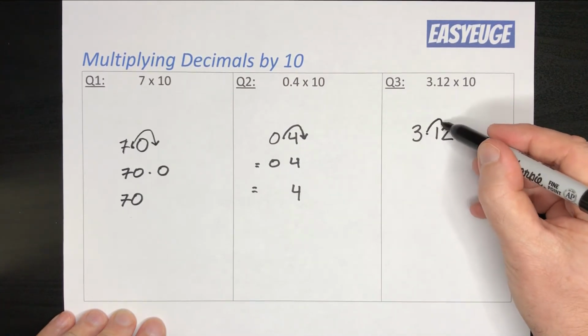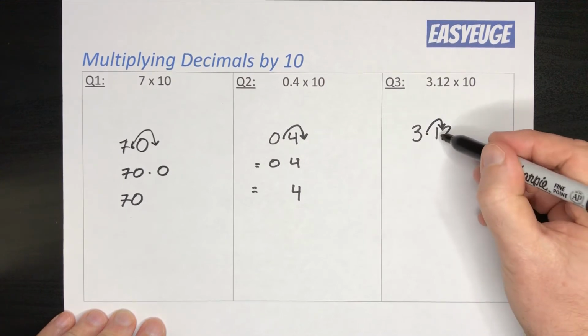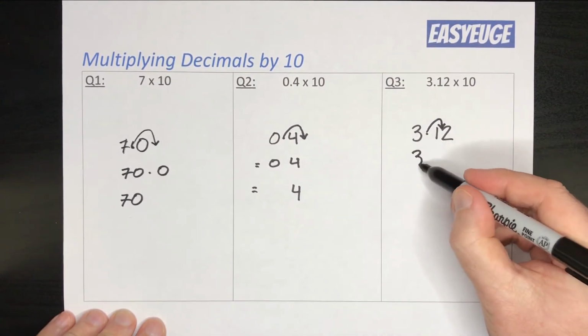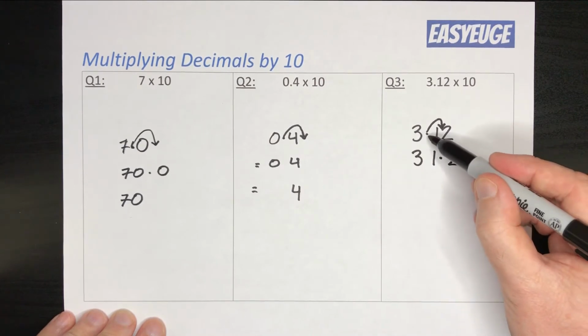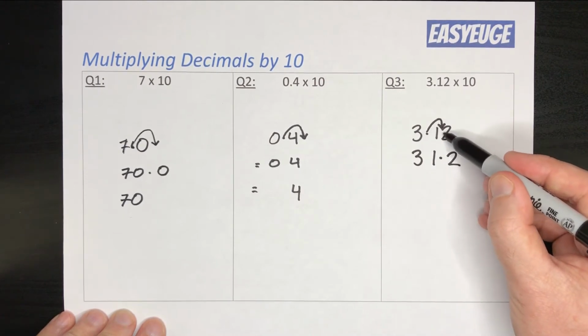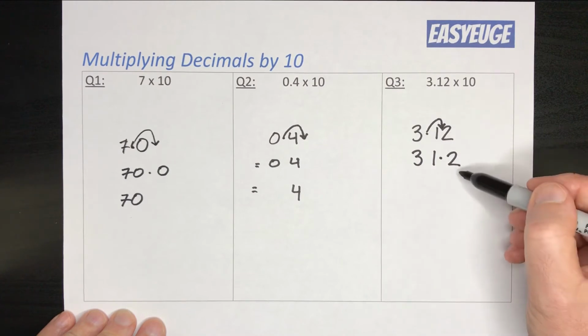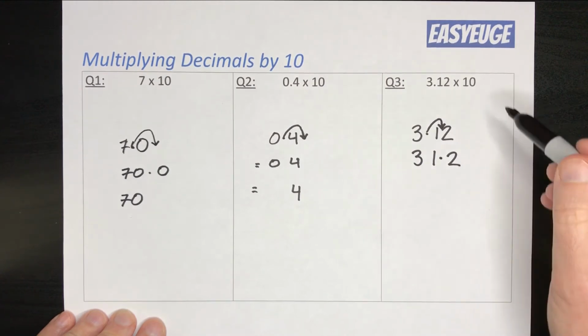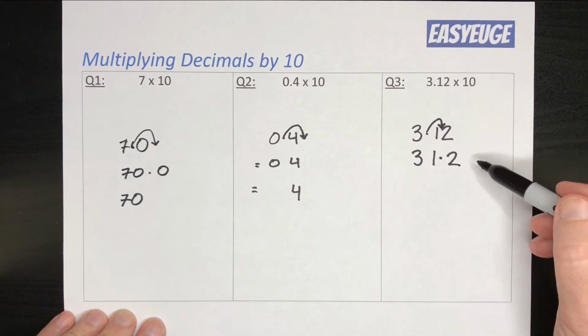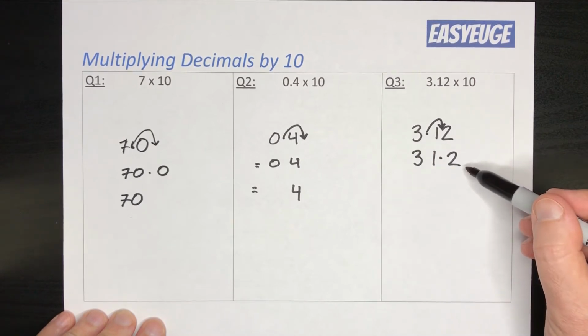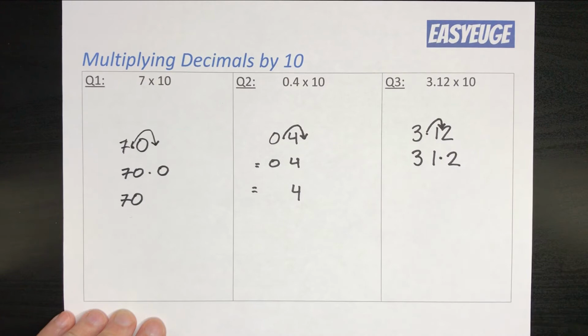So this becomes 31.2. We took that decimal point and put it in between the 1 and the 2. So 3.12 multiplied by 10 is very simply 31.2. And that's the trick to multiplying any decimal number by 10.